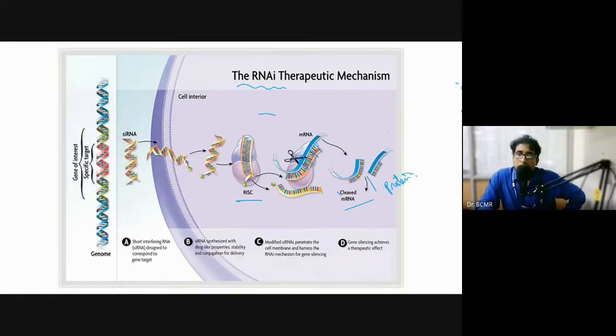Say we know that a particular mRNA is produced in excess, whose product is causing the cancer. Then we can design short interfering RNAs and target them to the cancer stem cells, and they would eliminate the mRNA, because of which the protein is not produced. Therefore, we might be treating the cell, killing the cell, or reducing its growth.